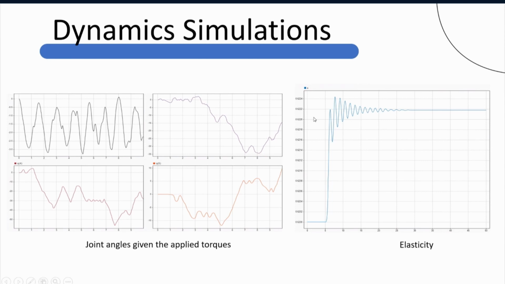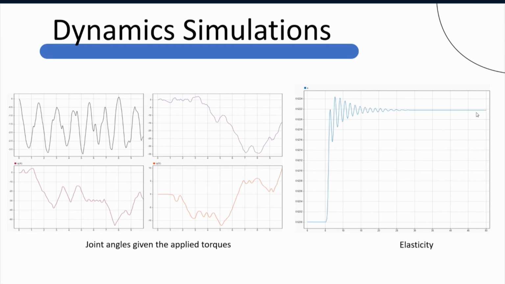I just obtained it a few hours ago, by the way. It shows that the robot is not perfectly rigid. Here I give some torque, actually a pulse, so that I can see the link move to a certain distance and then vibrate about this point until it settles down at the end.